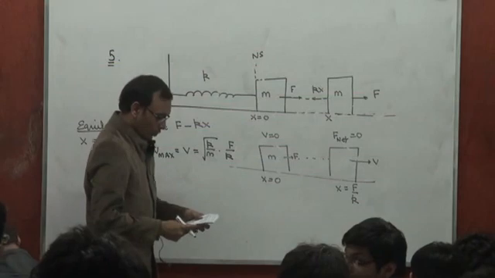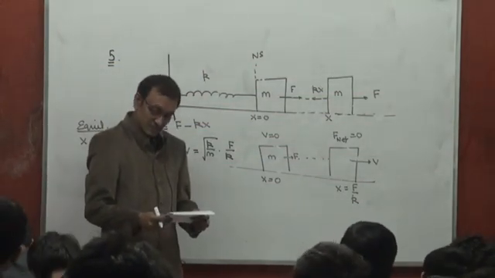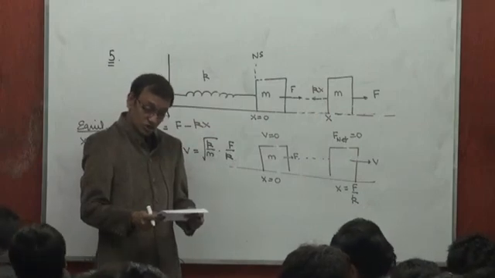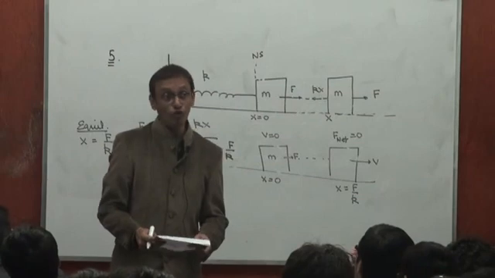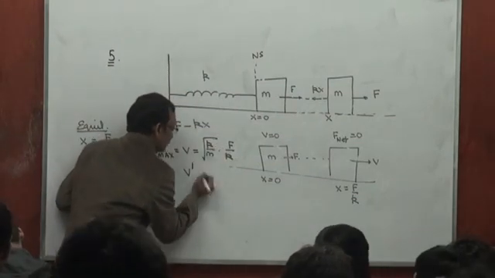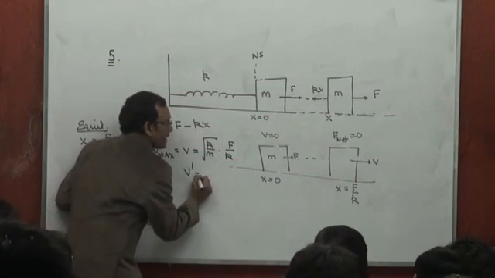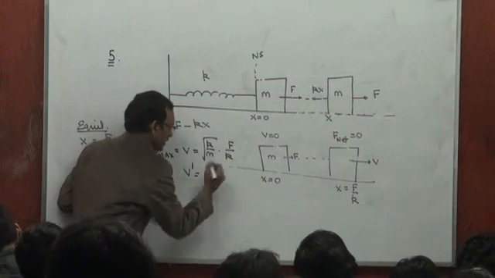And all that's required of you to do is find the maximum velocity when the force constant becomes 4k. That means you have a spring of force constant 4k. So if the maximum velocity, let's say, is v prime, then instead of k you will have 4k. That's all.